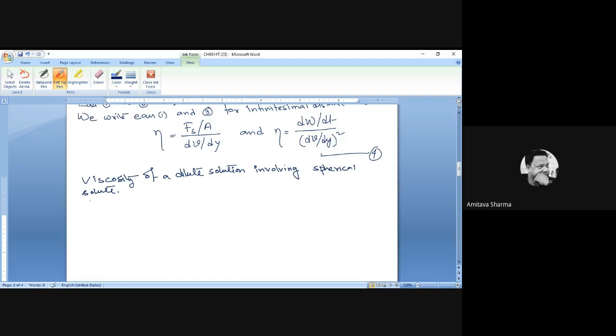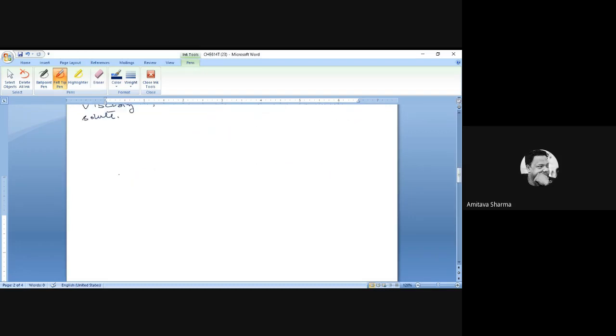For a dilute solution involving spherical solute, the shear force required to impart the velocity gradient identical to that of the pure solvent is found to be greater than that required for the pure solvent. Okay, I am writing it in short form, the conditions that I have considered.